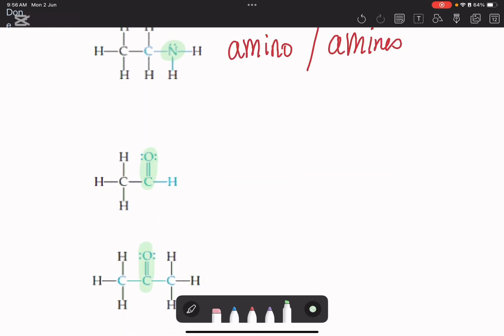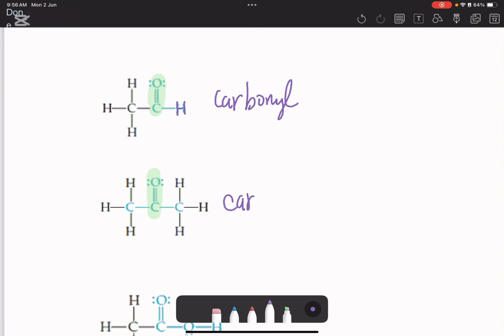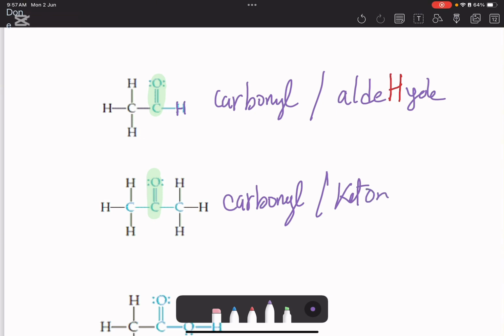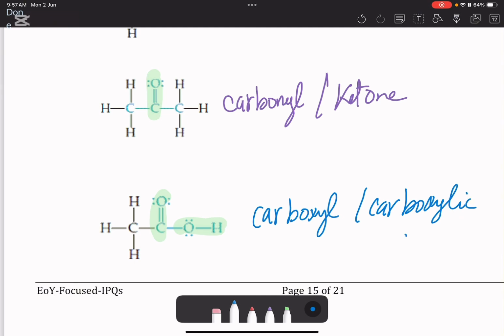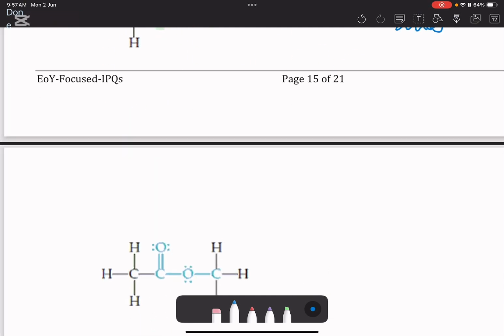Now carbonyl, C double bond O, that's a carbonyl. If there's a hydrogen next to it, that reminds me of the aldehyde. And only carbon, that reminds me of the family of ketones. Now, a carbonyl and a hydroxyl group, that's the carboxyl belonging to the family of carboxylic acids.